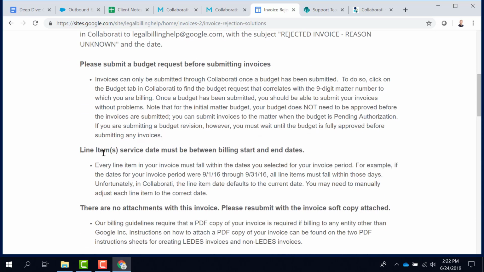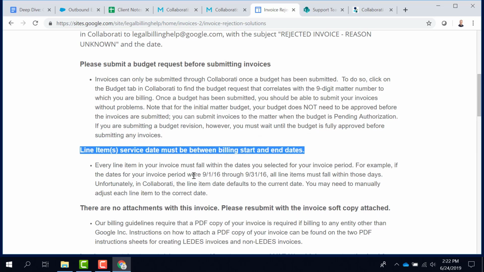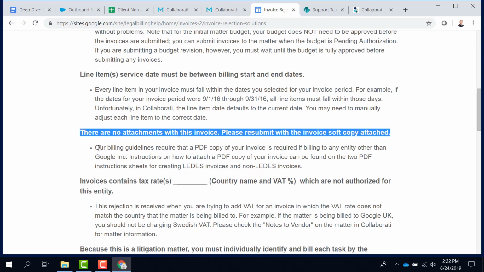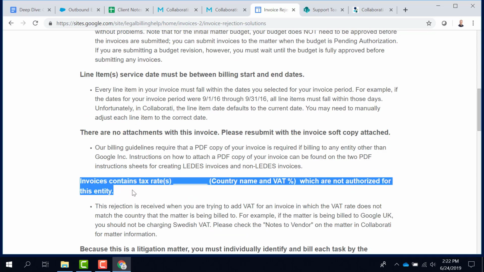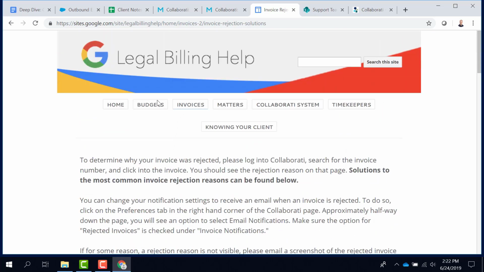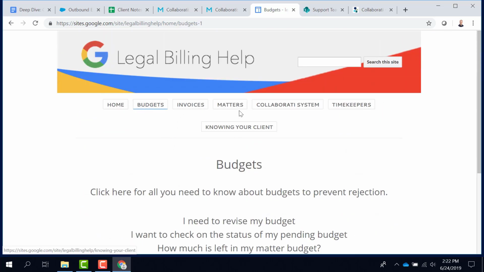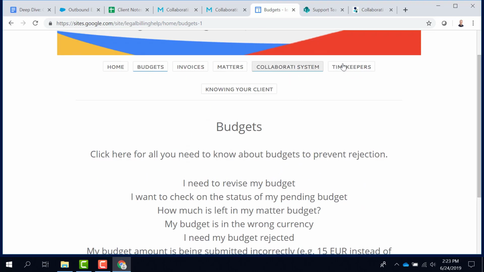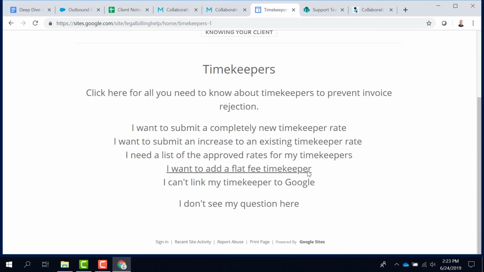So here's some common rejection reasons. And they have some other information about budgets and matters and timekeepers too.